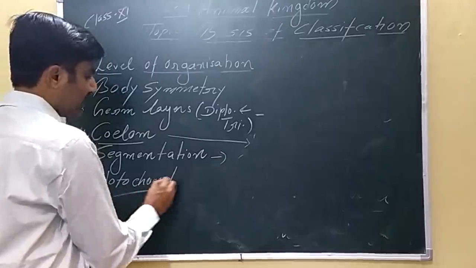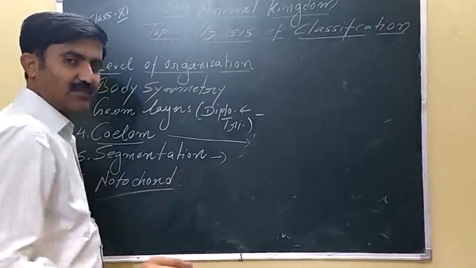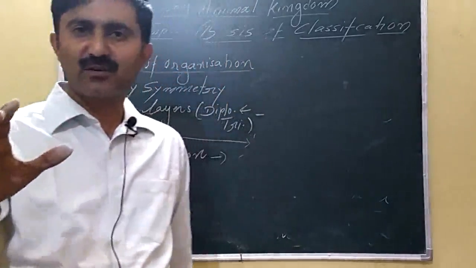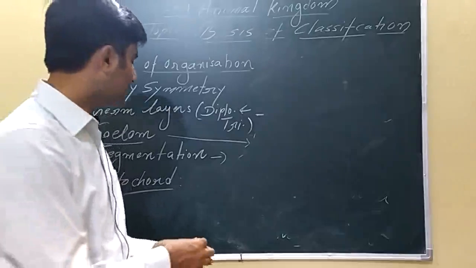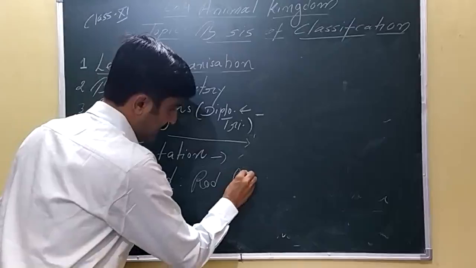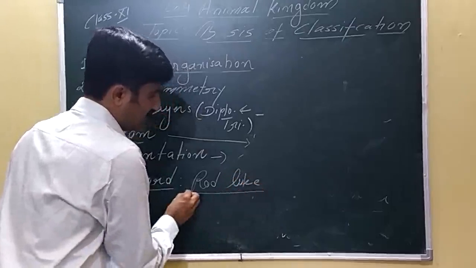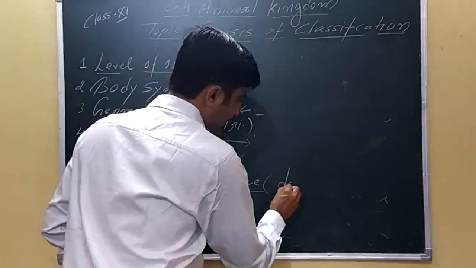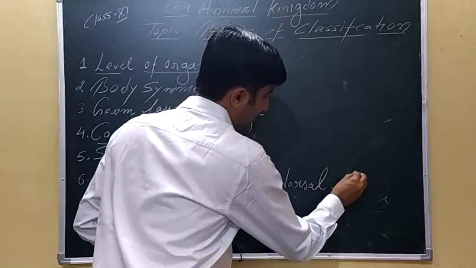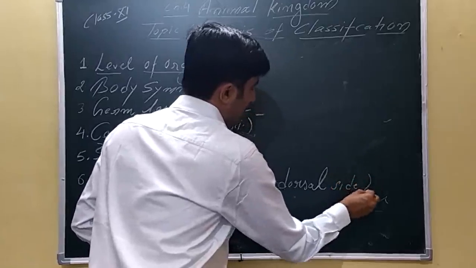Last, we can take the notochord. If you observe animals, in some animals we generally observe that there is no presence of a backbone. Notochord is a rod-like structure. It is always present on the dorsal side of the body. Dorsal side means the back side of the body, right?